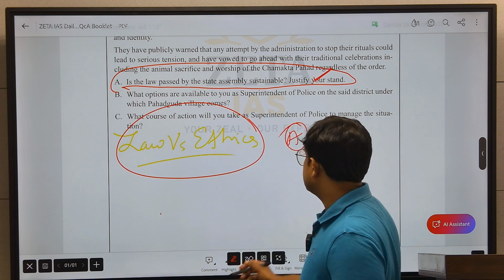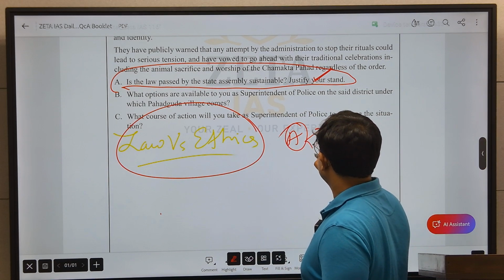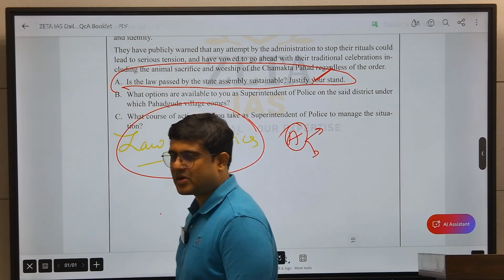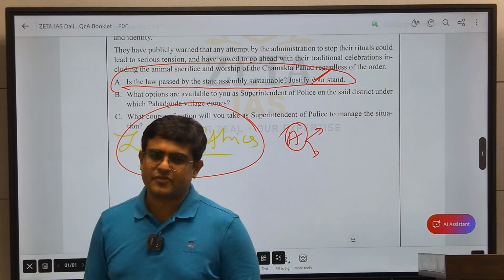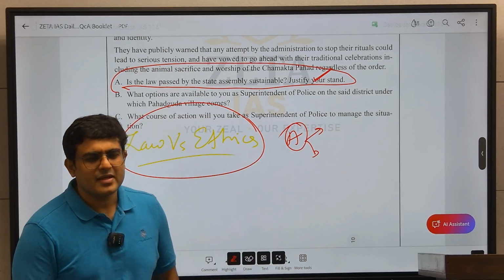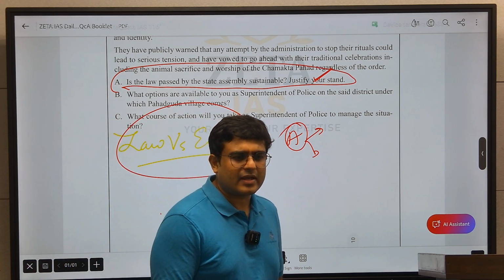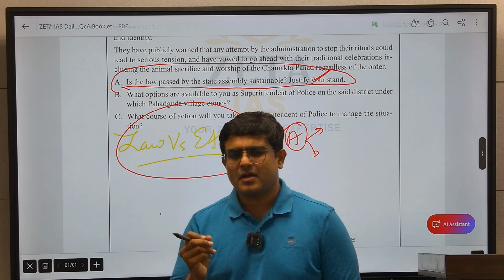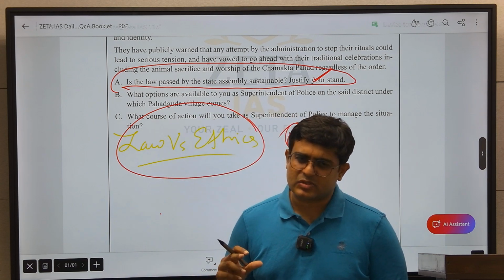Okay, so yes, you first write one aspect. Yes, it is the law, so connect with the contrarian thinkers of ethics. You can say the assembly has a social contract, and by way of social contract, it has a morality to pass laws.